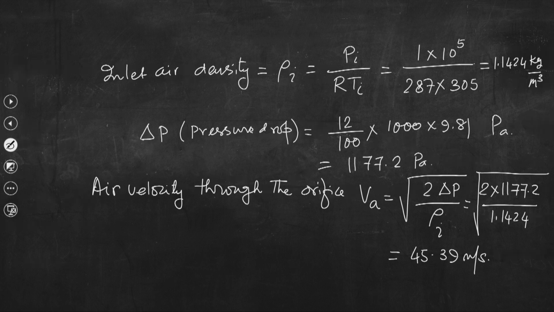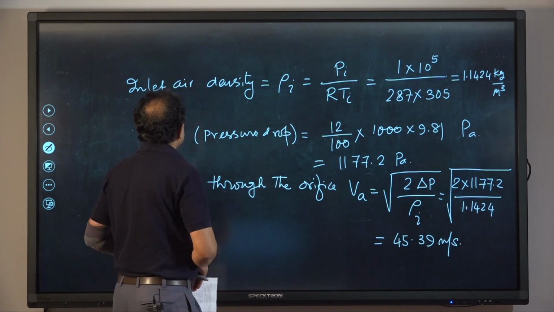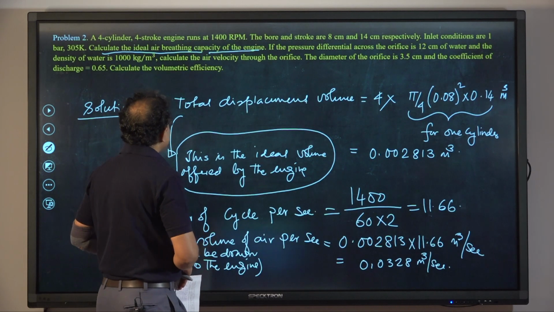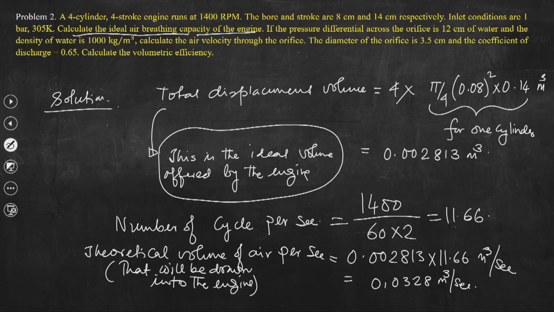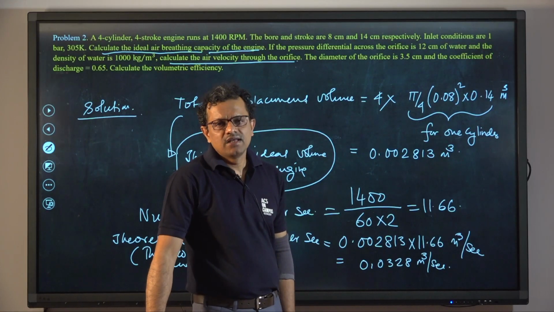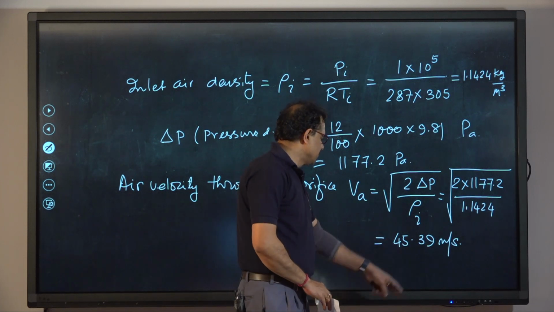So, we have calculated the velocity of air through the orifice, and that is what was asked in this question. So, the answer to the second part of this question is 45.39 meter per second.